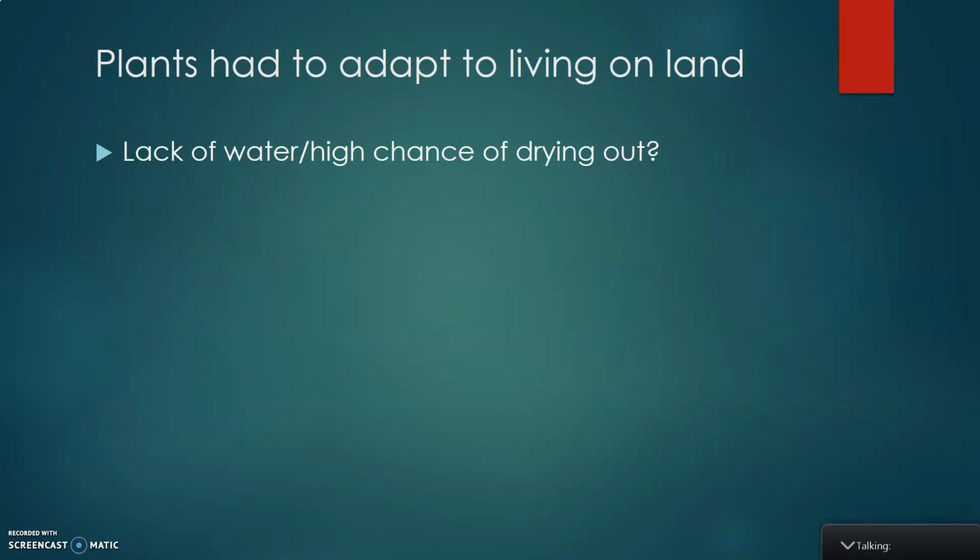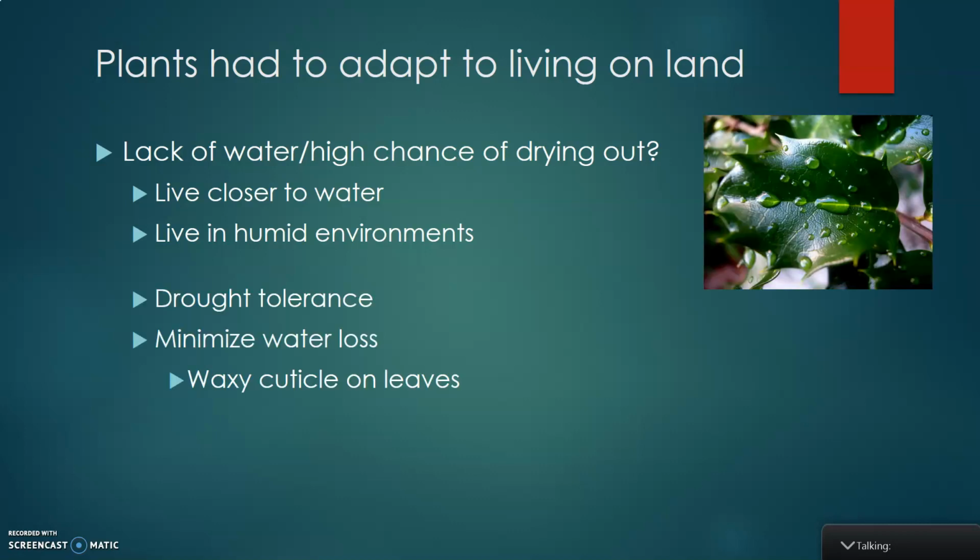To deal with this idea of a lack of water, plants originally just lived closer to water and lived in more humid environments. But as the space next to water got taken up by specific plants, they had to expand into drier areas. And one way that they were able to do this is by increasing their tolerance to drought, or drying out.